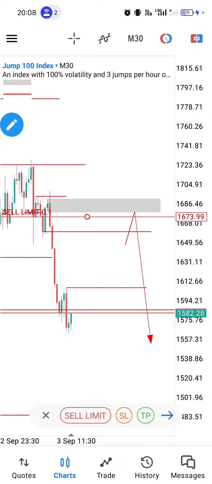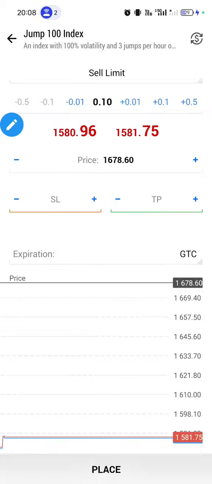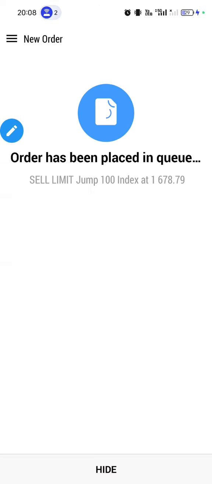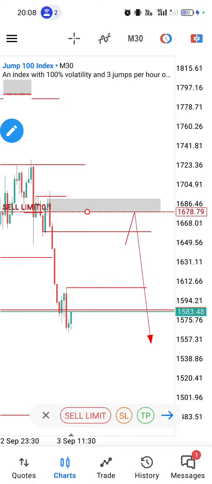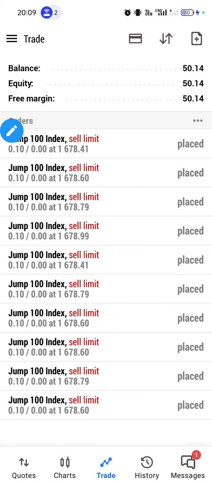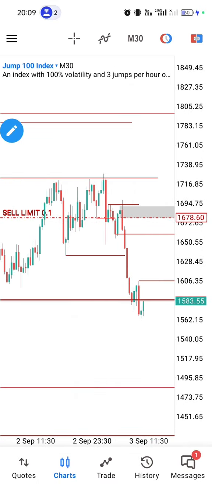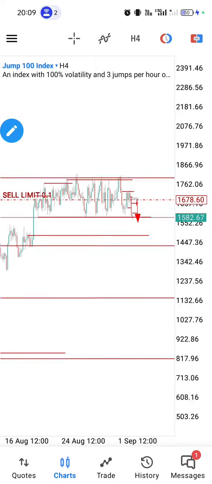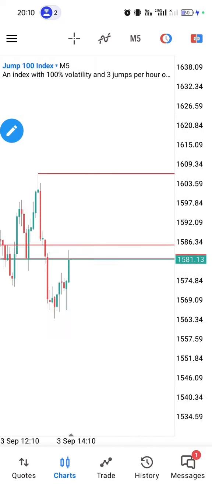I think it has to be refined to there. The breaker block might hold, of course, because it's also the 1-hour order block, but I believe the 30 minutes is going to be the sweet spot, the refined entry level. So that's where I started placing my sell limits, and we'll see what happened afterwards.